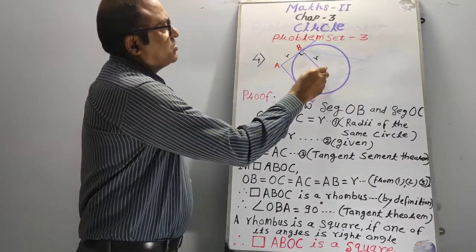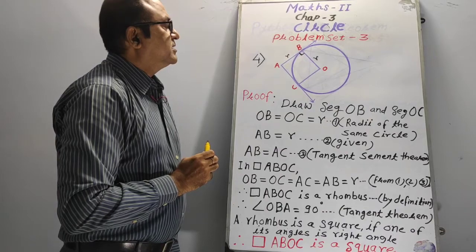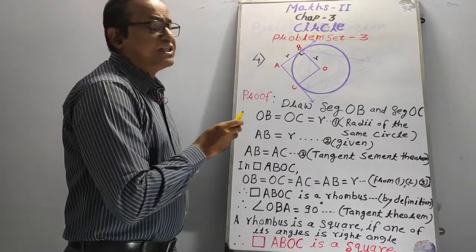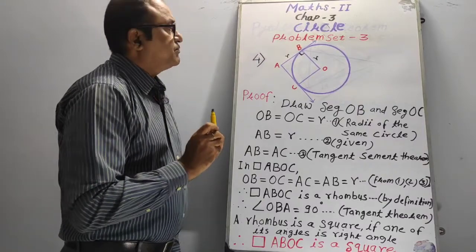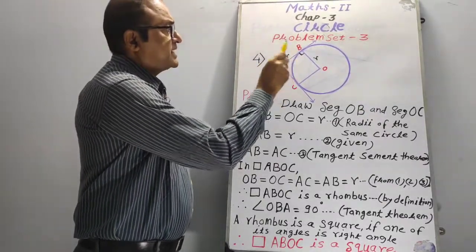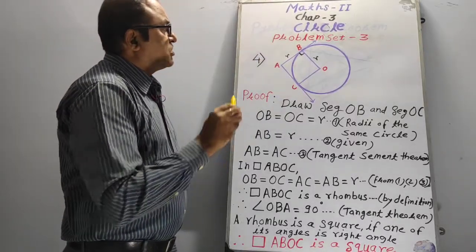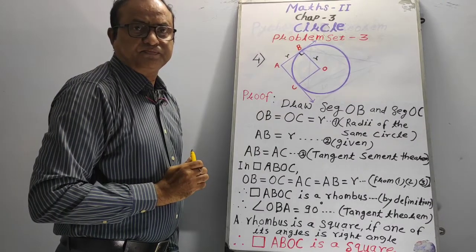And angle OBA is 90 degrees by the tangent theorem. Therefore, if one angle of the rhombus is a right angle, then quadrilateral ABOC is a square.